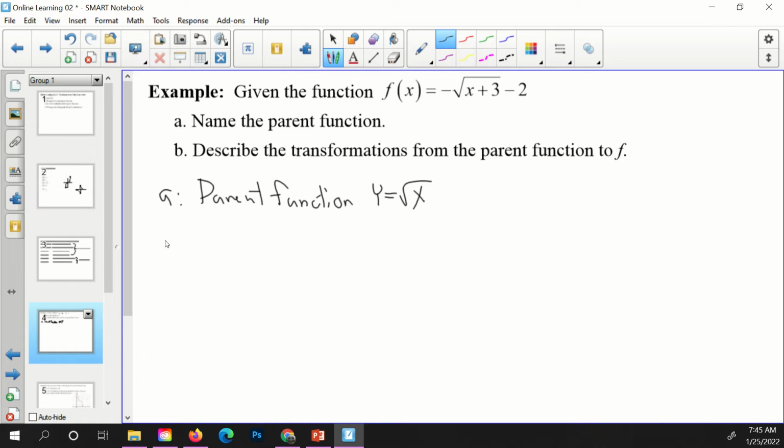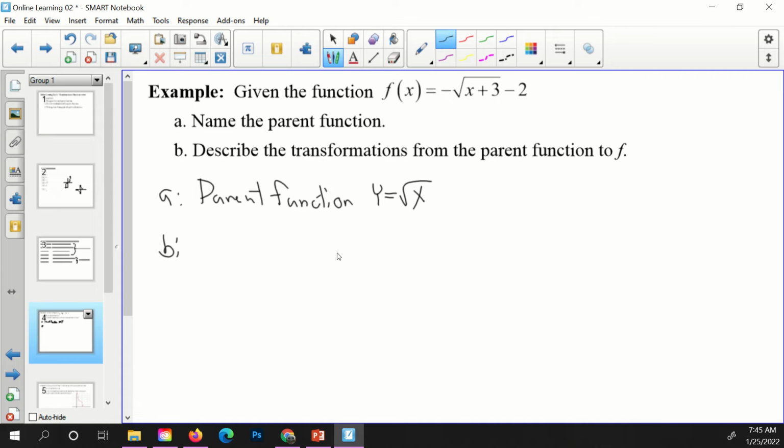And then we need to describe the transformations. Now, if you remember, the way that I describe the transformations is I'm going to plug a number in, and then I'm going to see what happens to that number as we evaluate, and then we will write the transformations compared to this y equals square root of x.